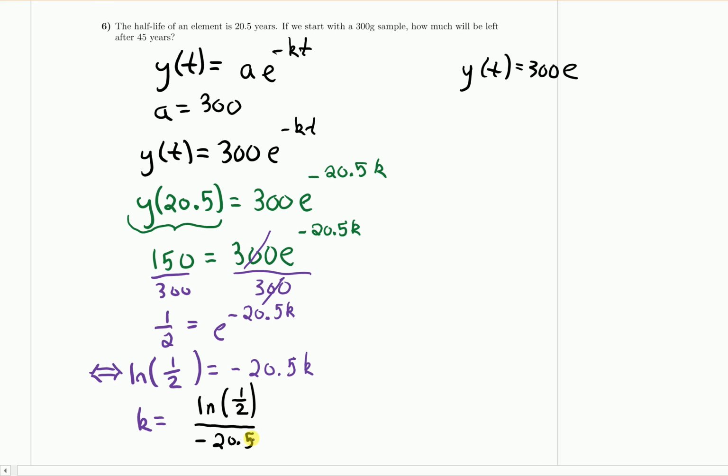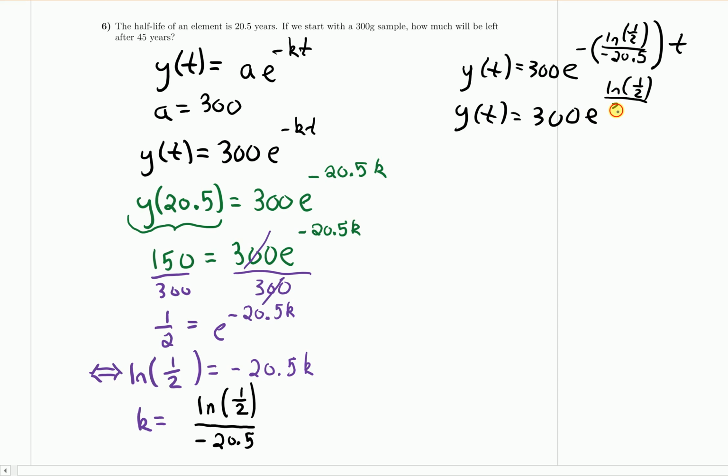We get y of t equals 300 times e to the negative k t, so negative ln of 1/2 divided by negative 20.5, times t. If we simplify this, we have a double negative, so that becomes a plus. We get y of t equals 300 times e to the ln of 1/2 over 20.5, times t.